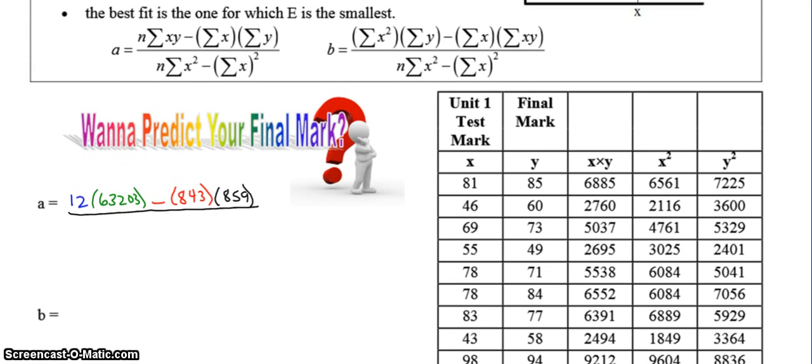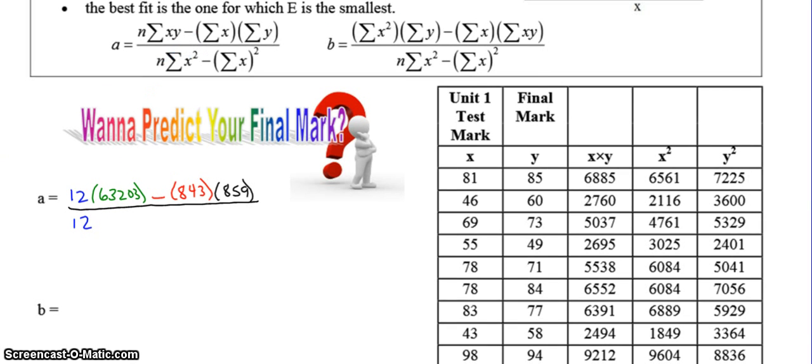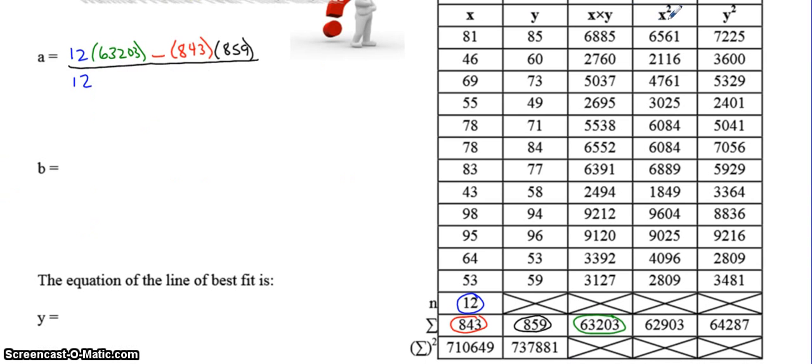On the denominator, you have n, which is 12, times the sum of the x squares. So here's the x squares, and here's the sum.